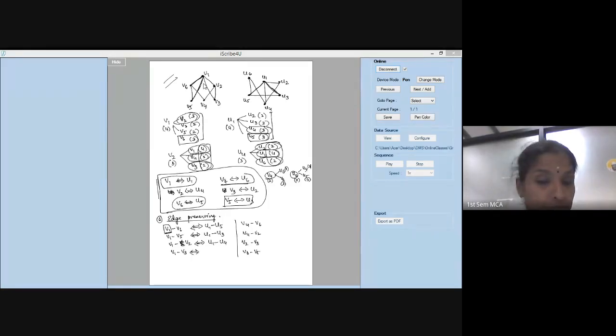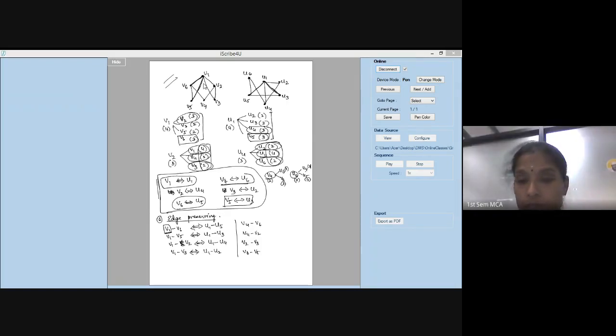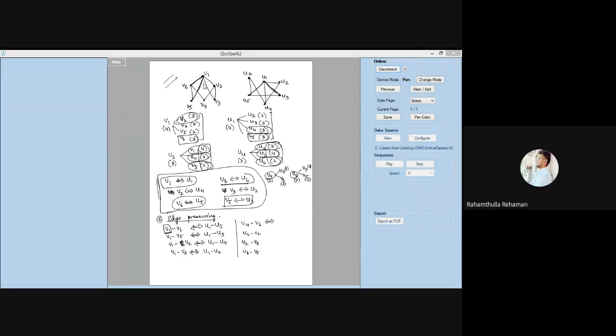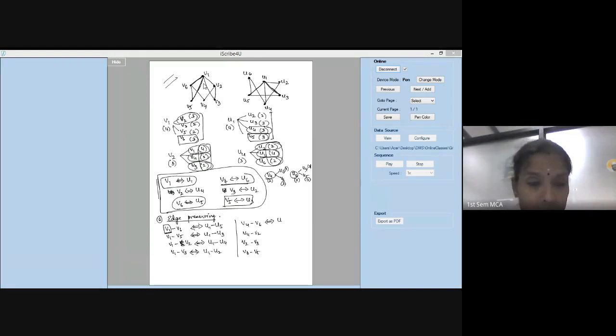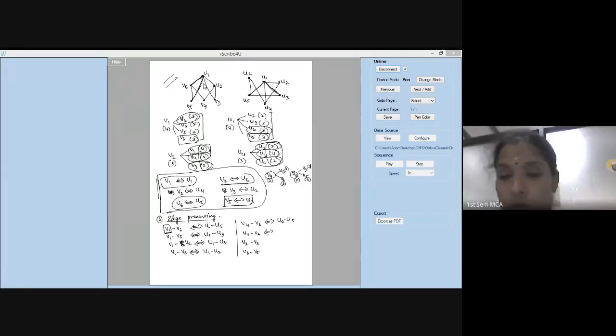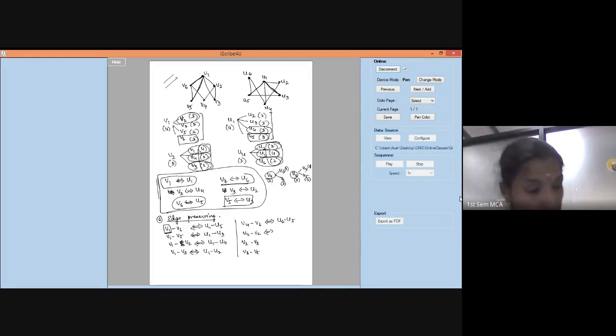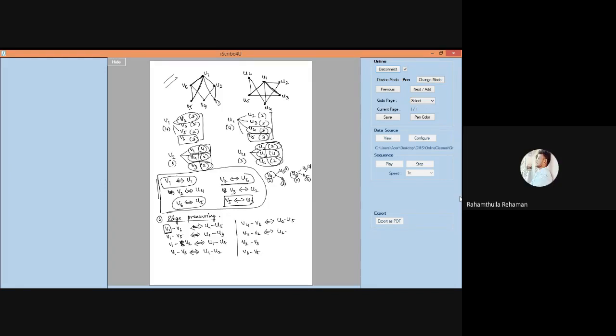V1 to V3: U1, U2. V4, V6: U6, U5. V4, V2: U6, U4.